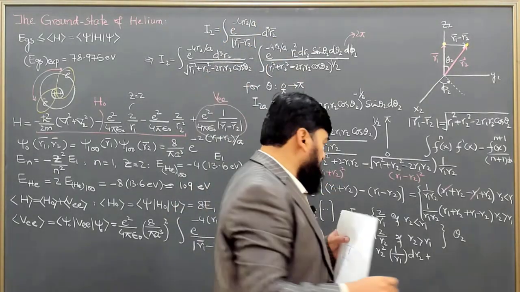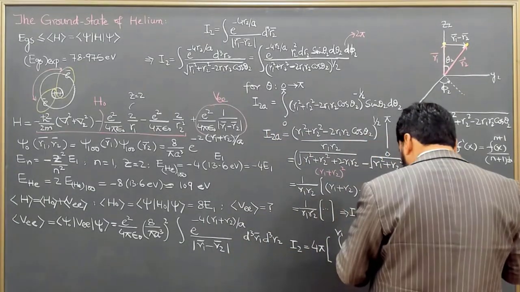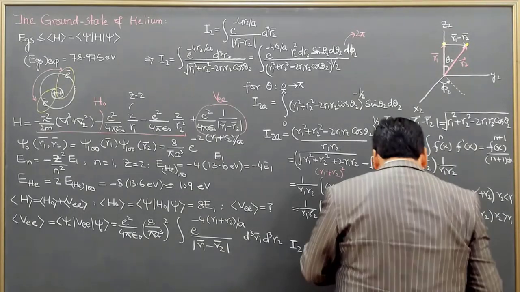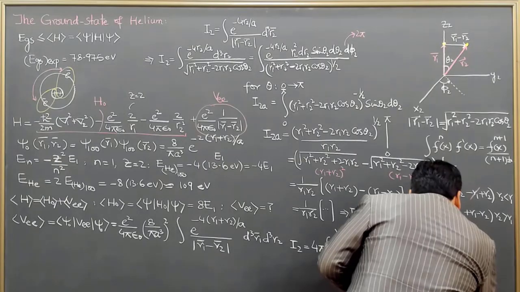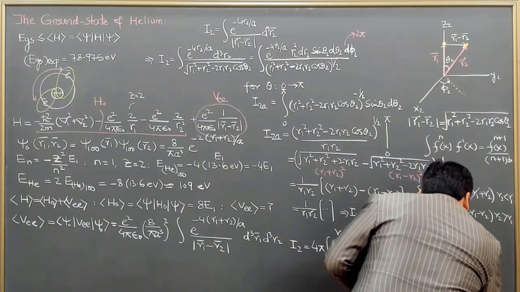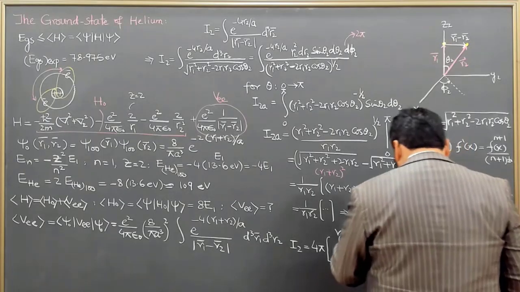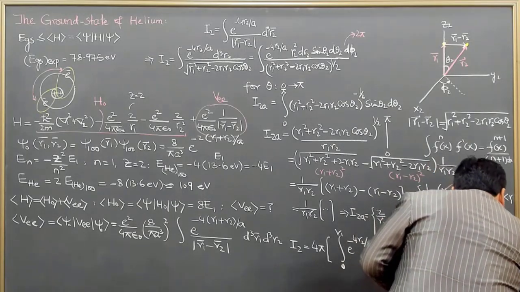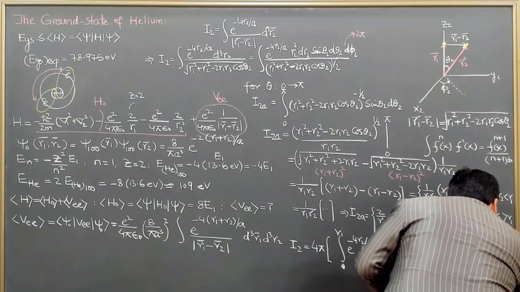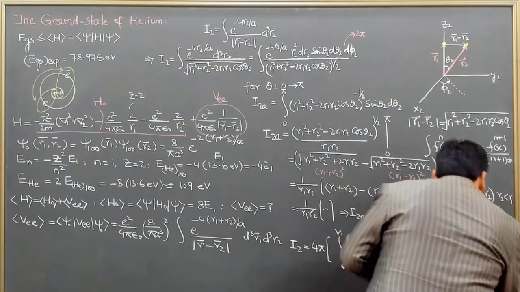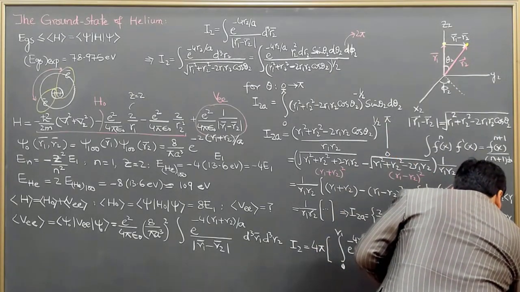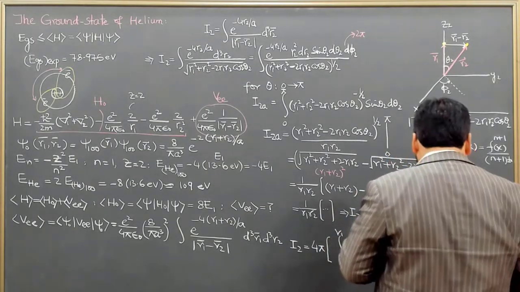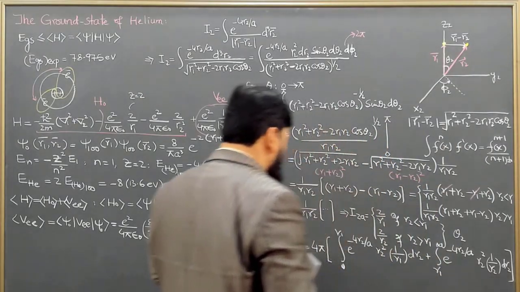It can reach the highest possible value, infinity, from R1 to infinity, e to the power minus 4 R2 over A, and this is R2 square, and this will be 1 over R2. So 1 over R will simplify, and then dR2. So we have the I2 integral.